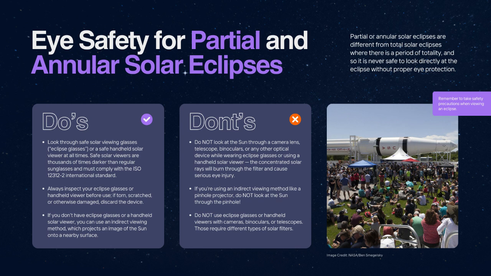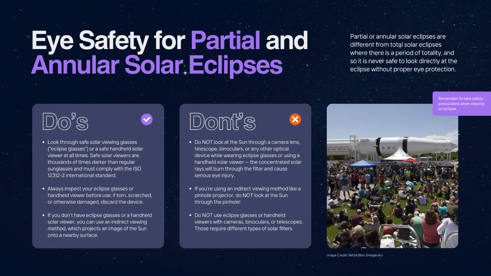Don'ts. Do not look at the sun through a camera lens, telescope, binoculars, or any other optical device while wearing eclipse glasses or using a handheld solar viewer. The concentrated solar rays will burn through the filter and cause serious eye injury. If you're using an indirect viewing method like a pinhole projector, do not look at the sun through the pinhole.